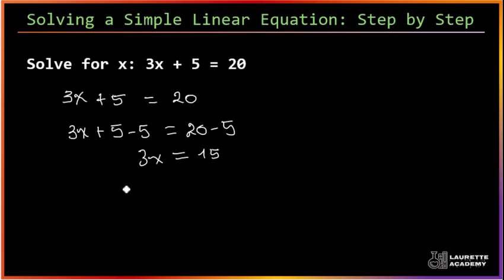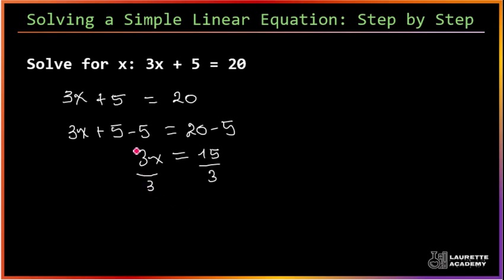Now, to further isolate x, we need to carry out the opposite operation of multiplication, as we can see that 3 is multiplied with x, and the opposite operation of multiplication is division. And so, we divide both sides of the equation by 3. Okay?